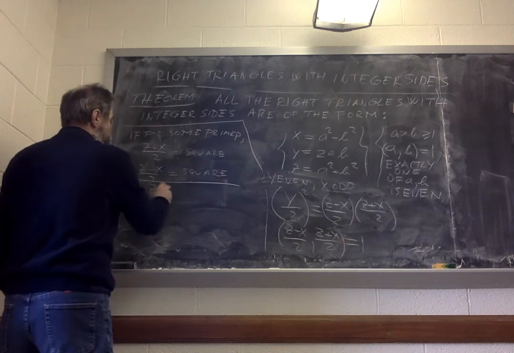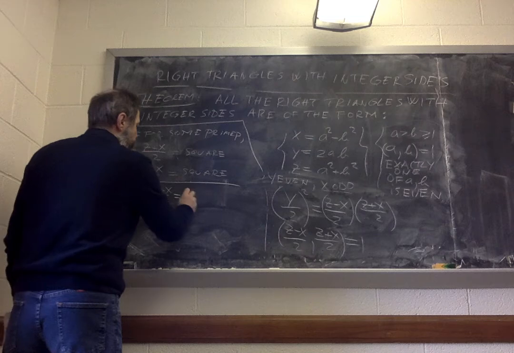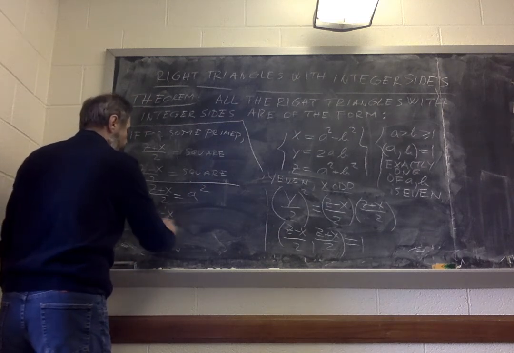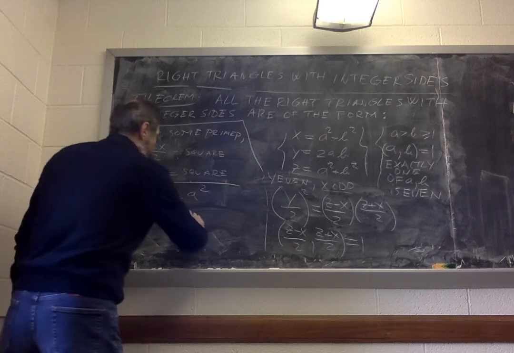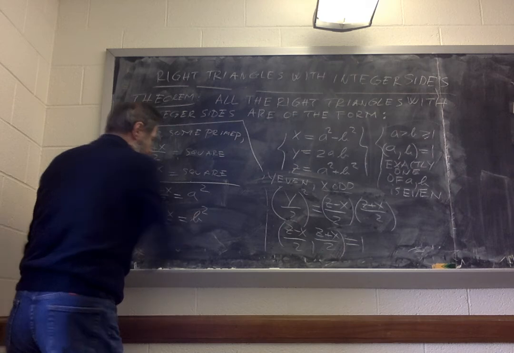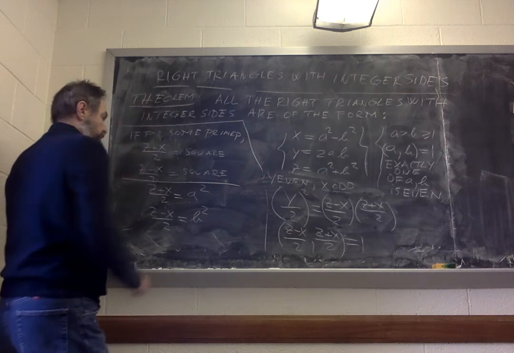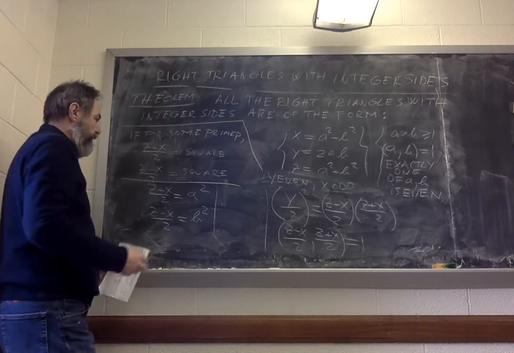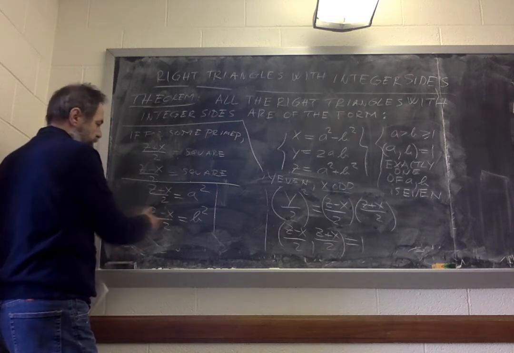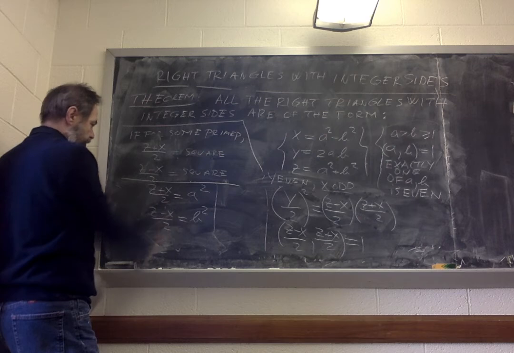So z plus x over 2 is a squared. And z minus x over 2 is the square of another number, let's call it b, so it's b squared. Oh, so I got my a and b. I hope I got them right. So now I just solve this.